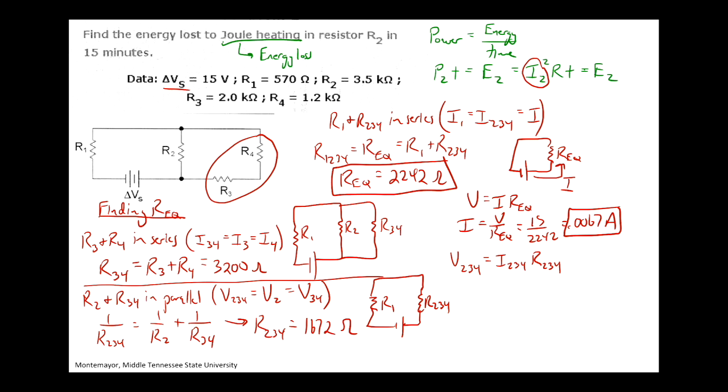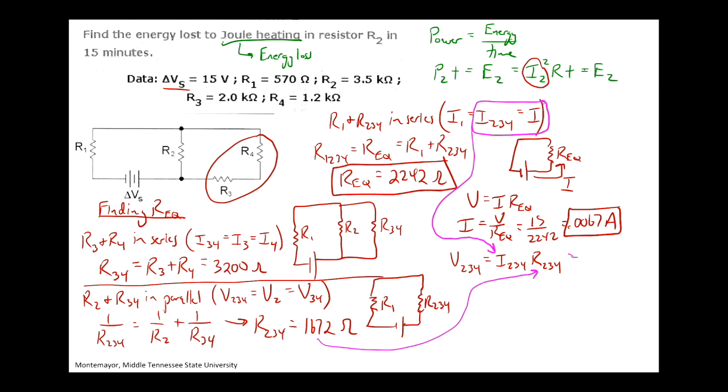And from just above, this total current that we just found is the same as the current that's passing through the 2-3-4 combination. So let's take that and put that in there. And also R234 is hiding over here.